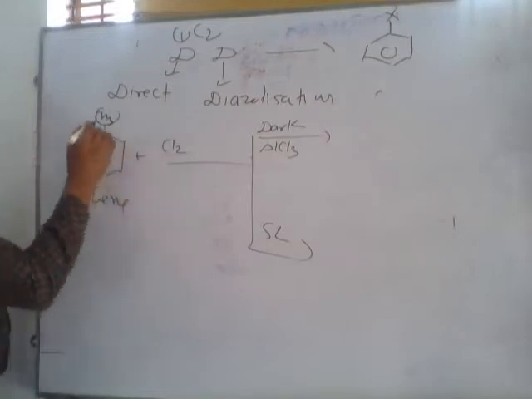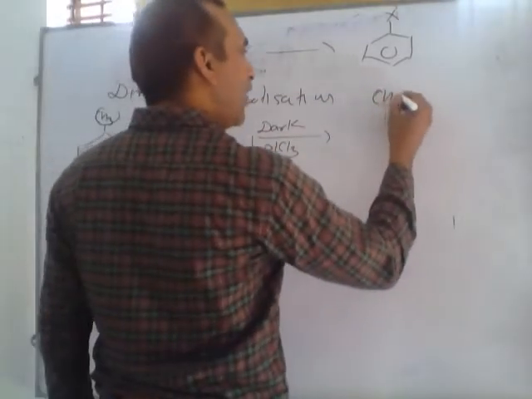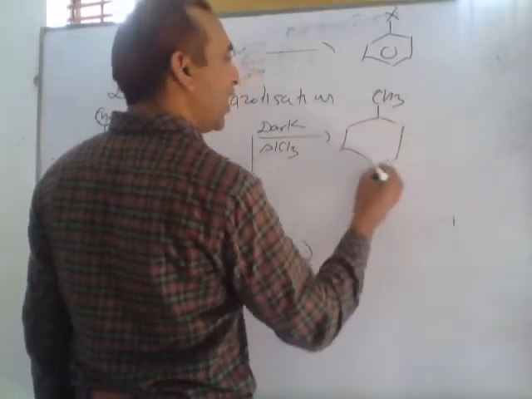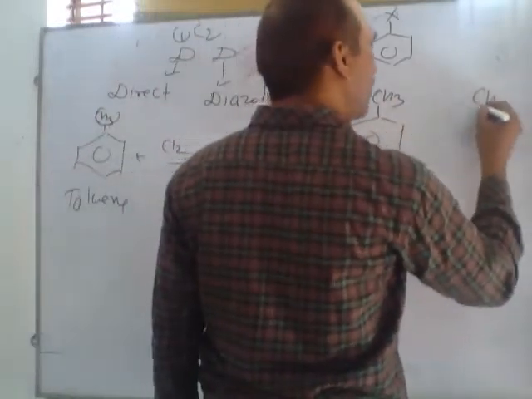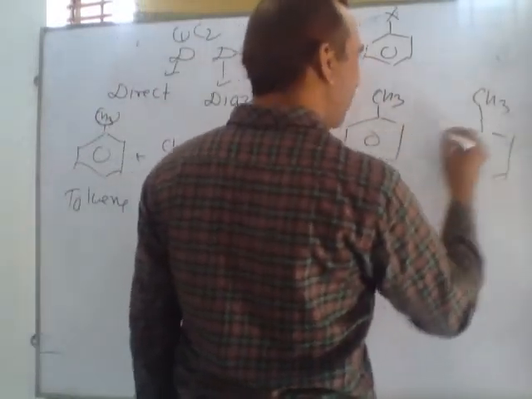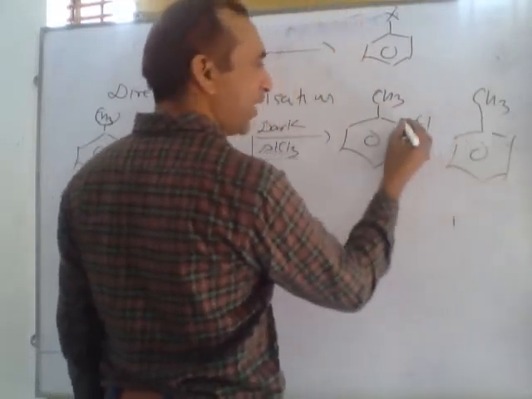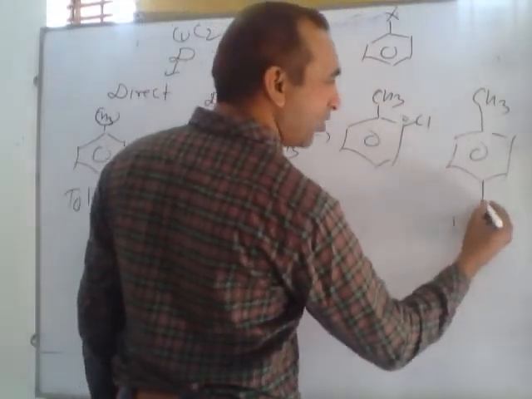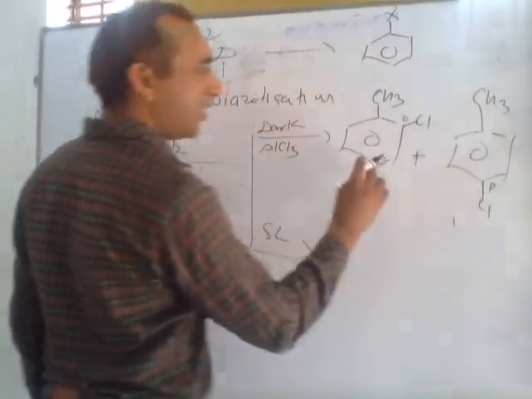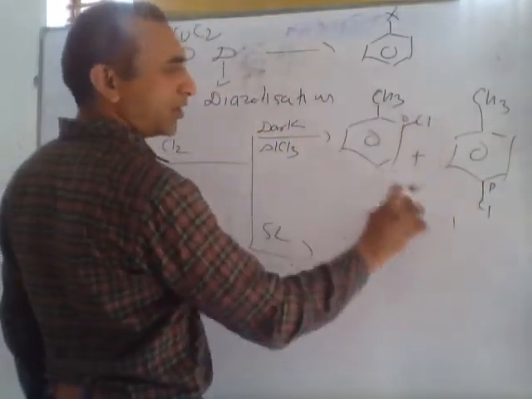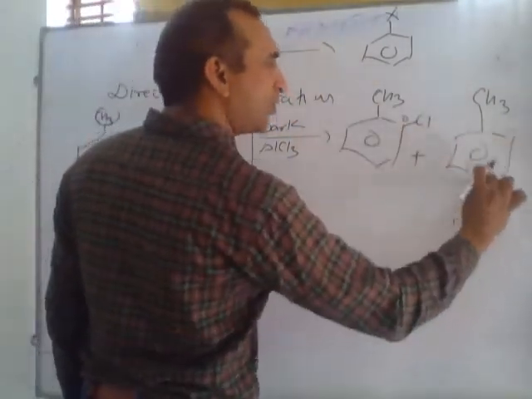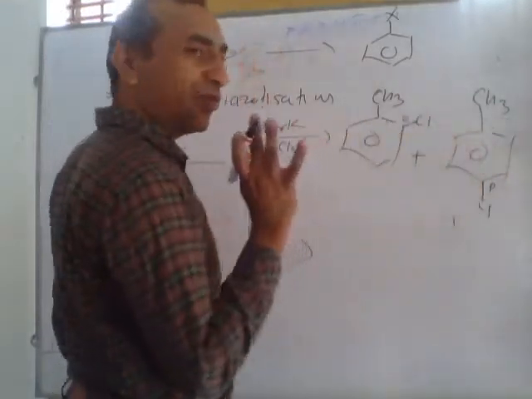Chlorine, according to the ortho and para effect of the methyl group, forms two products: in the first, chlorine joins at ortho, in the second, at para. This is called 2-chlorotoluene and this is 4-chlorotoluene. A mixture of these two forms.